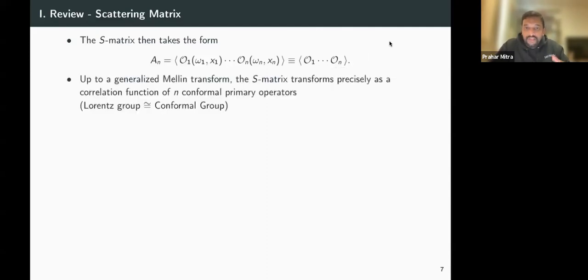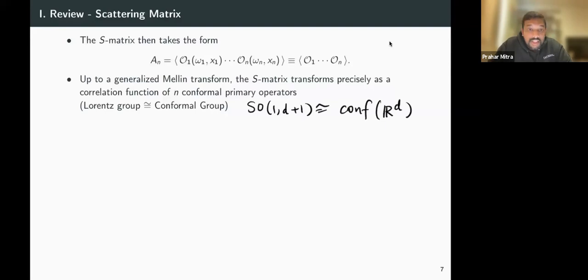This is the reason this is nice, because up to a generalized Mellin transform, a formula which I will just tell you, this S matrix in these coordinates transforms precisely as a correlation function of n conformal primary operators. And here, in making the statement, I'm exploiting the isomorphism between the Lorentz group, which is SO(1, D+1), and the conformal group on Euclidean D dimensions.